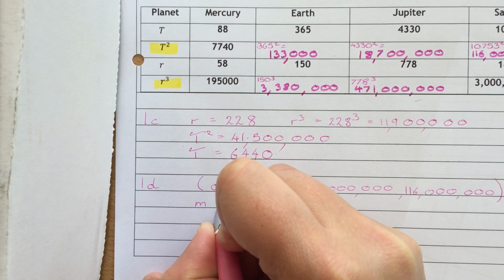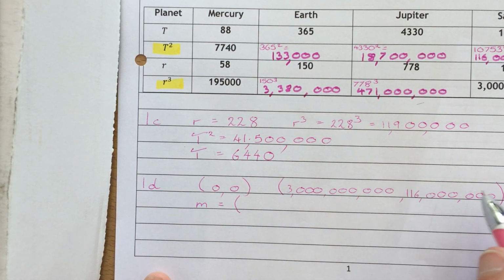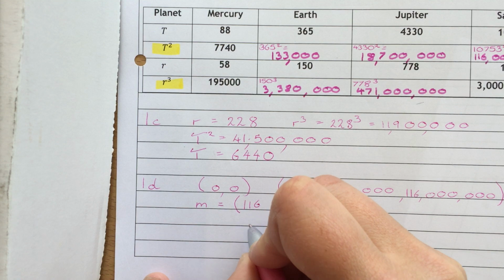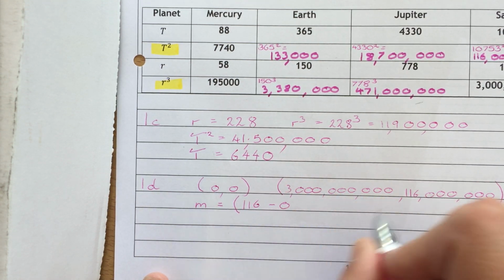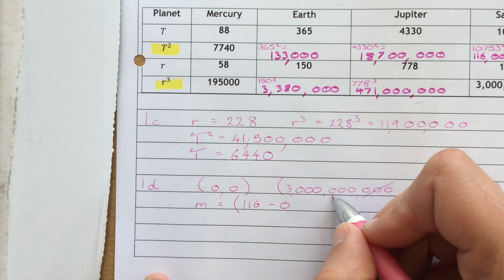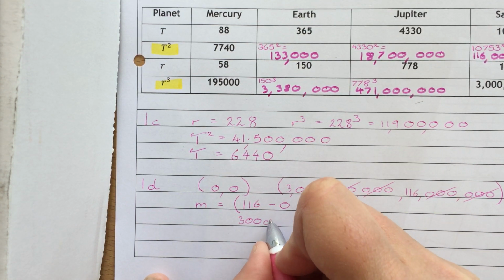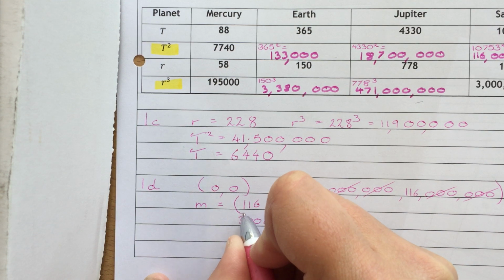So for m, we've got the change in y. So 116, take away 0, and 3,000, take away 0.